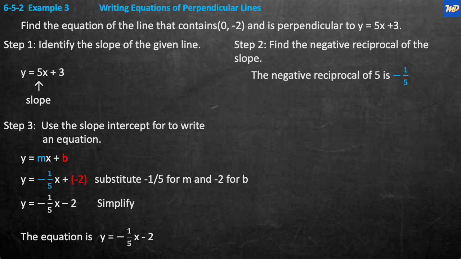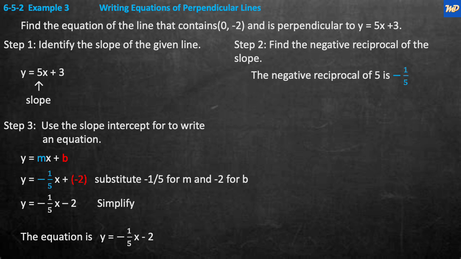Okay, example 3, writing equations of perpendicular lines. It's going to be exactly the same as we did writing the parallel lines with one simple change, and you'll see it immediately here. It says find the equation of the line that contains the point (0, -2) and is perpendicular to y equals 5x plus 3.